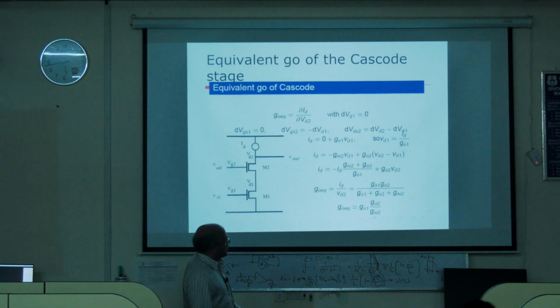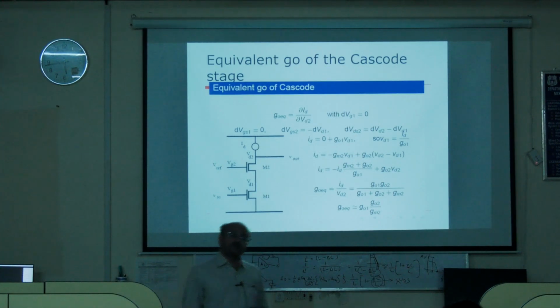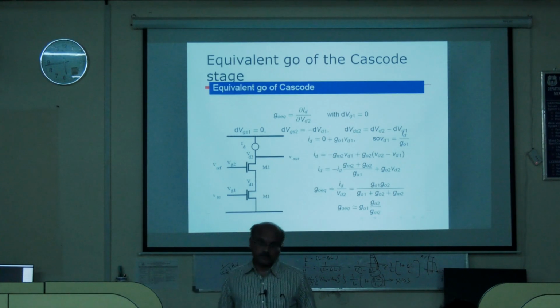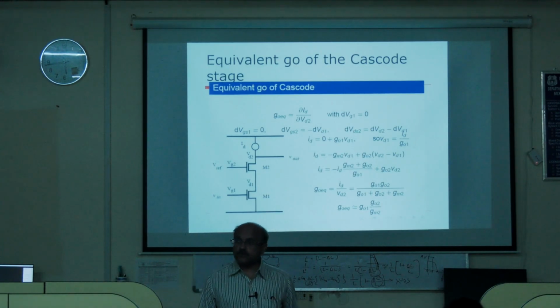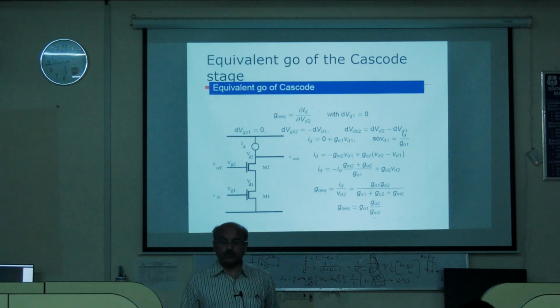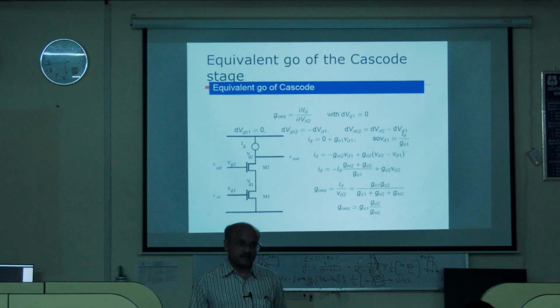Or R0 equivalent, taking the inverse, is equal to gm2 R02 into R01. What does it mean?